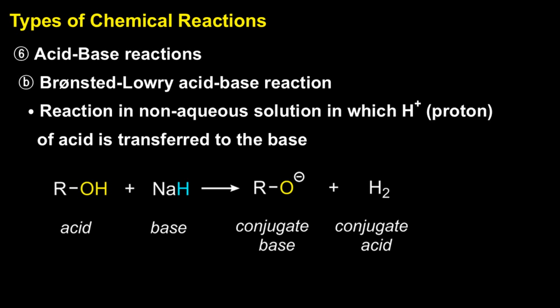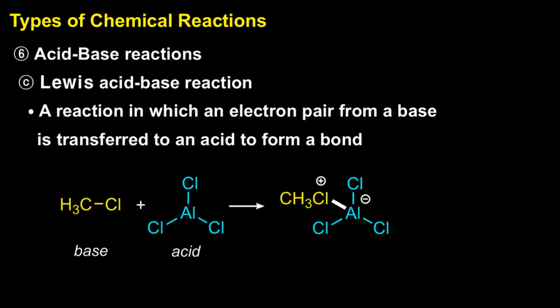The Bronsted-Lowry definition takes this idea a step further. It defines acids as proton donors and bases as proton acceptors. Unlike the Arrhenius model, it doesn't require water as the solvent. That means it works in non-aqueous solutions too, which makes it much more useful in organic chemistry. The Lewis acid-base definition takes an even broader approach.